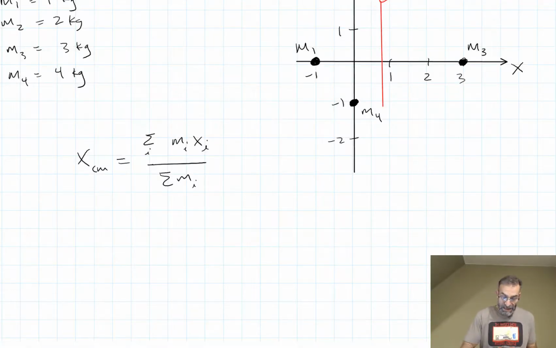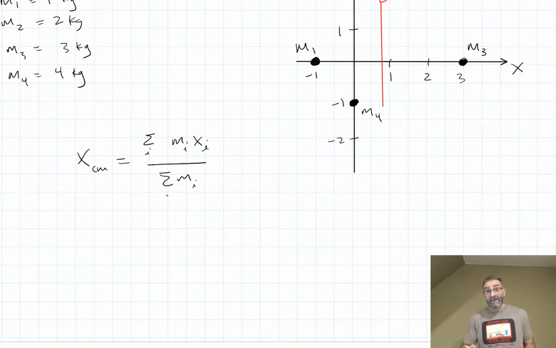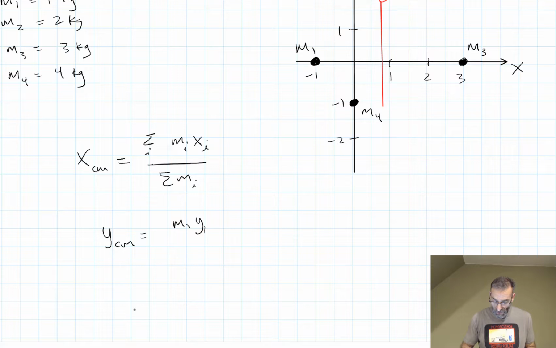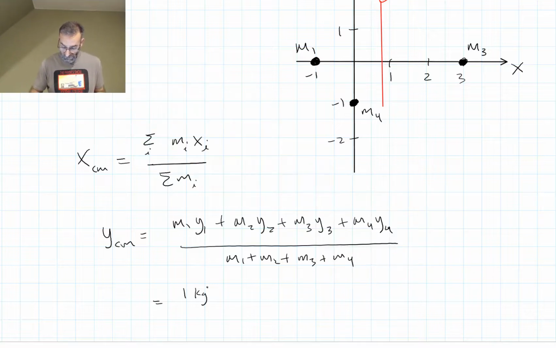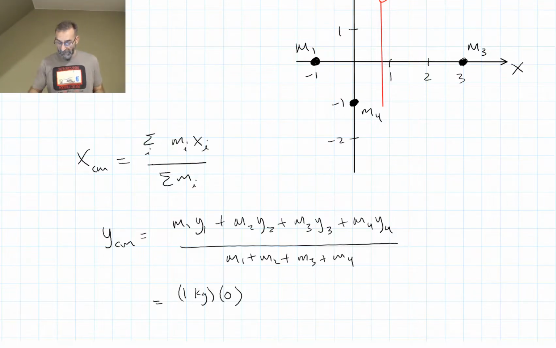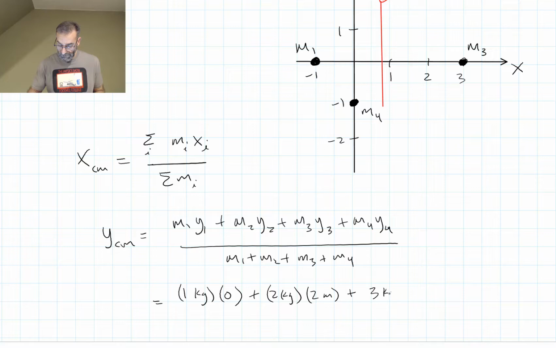We use the exact same equation, only now we make these x's y's. So the y center of mass location is going to be the mass 1 multiplied by its y coordinate, plus mass 2 times its y coordinate, etc. So I'm just plugging in the masses and their y coordinates.